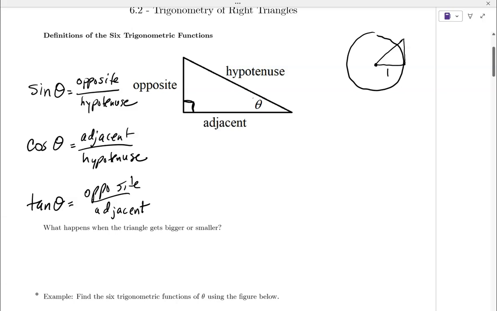Remember if you remember your geometry, if you have a circle and a line that's tangent to it, it touches in one spot, that forms a right angle. If this is my theta, the length of this side is tangent of theta. That's where the word tangent comes from. It comes from the word that we use for tangent lines. Just to let you know where the names come from.